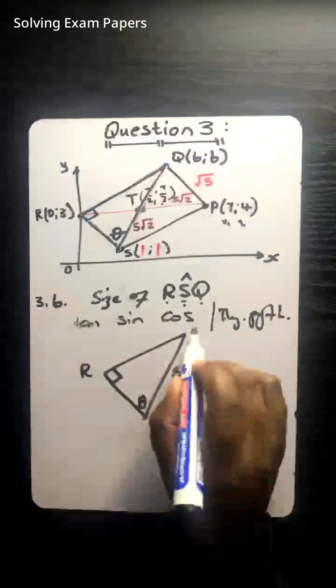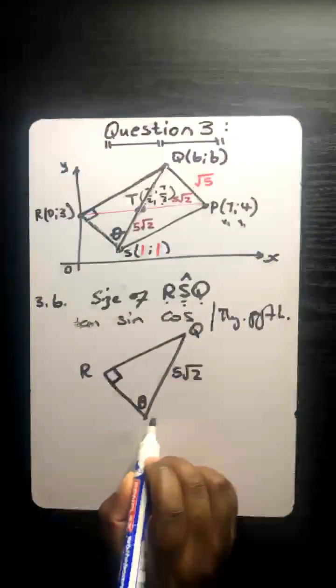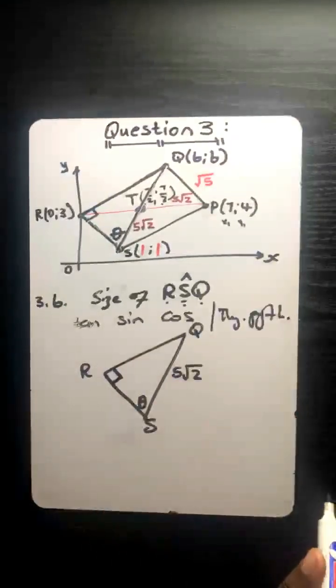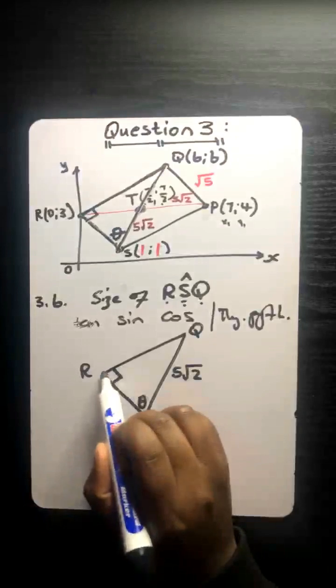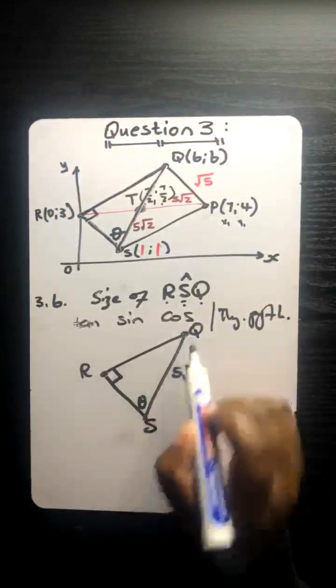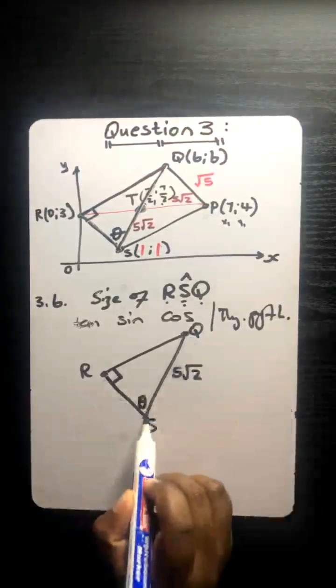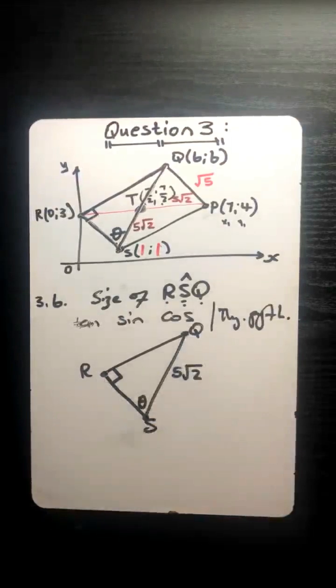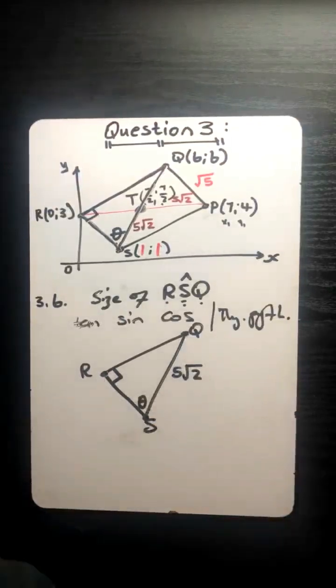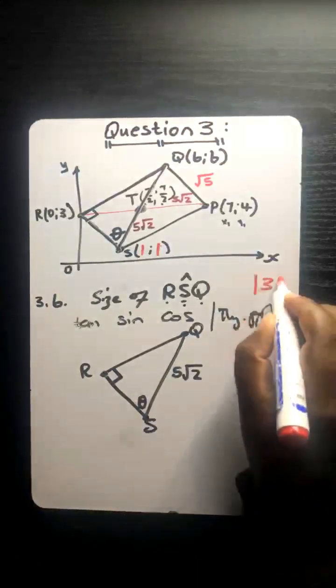Remember, this is R, this is Q, and this is S. So, do we know what that side is, or do we know what that side is? Remember, this is allocated 3 marks.